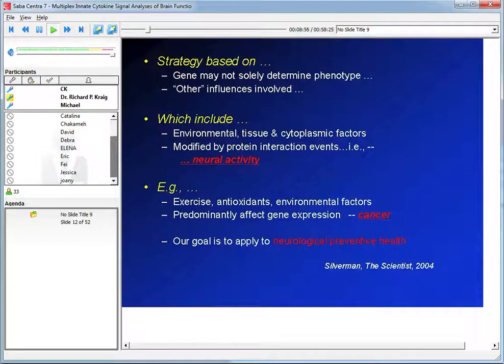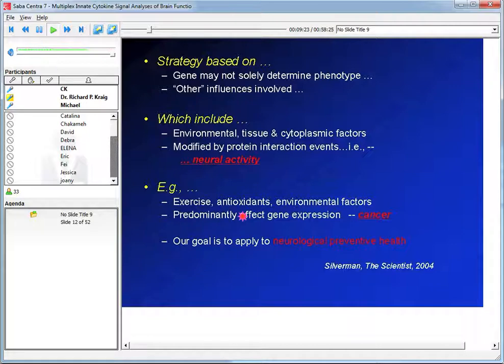He goes on, and this is where I first came to the notion that the gene may not be solely determining phenotype. In fact, he looks at the cancer literature to say this is already a good example of how exercise, antioxidants, and environmental factors can change genetic propensity to disease, moving you closer to the likelihood of having cancer or further away from it.